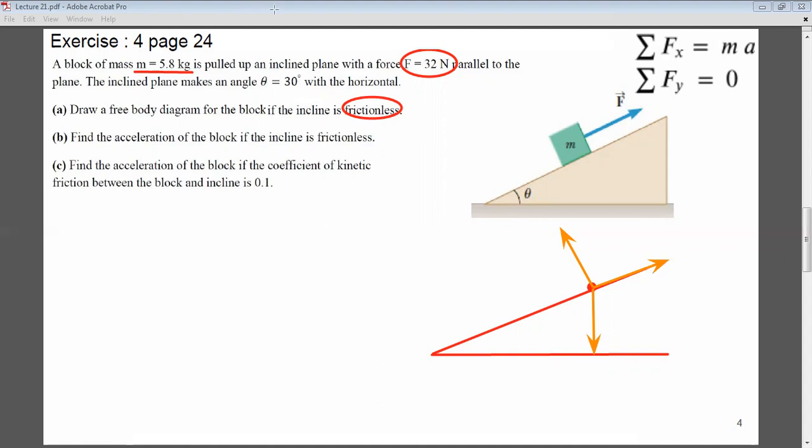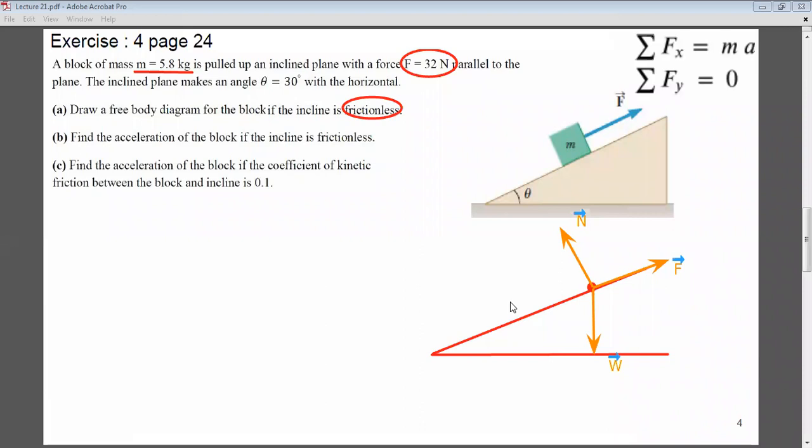Let's just put the names of these forces. So here it's designated by N. This is here force F, and this is here force W, and they are forces, so vectors, so I have to put this vector sign everywhere. Okay.